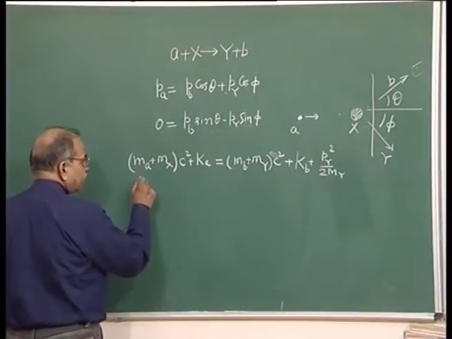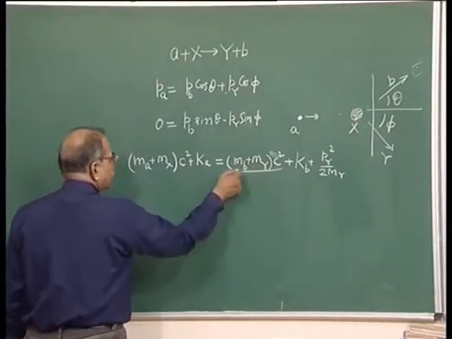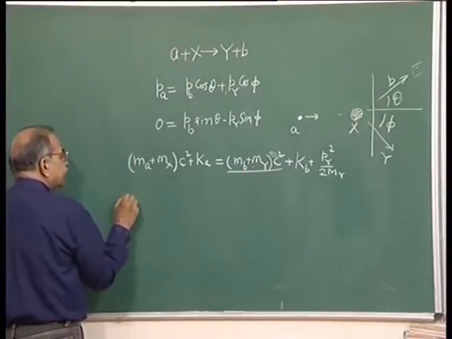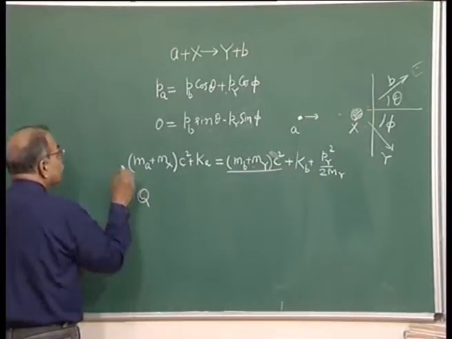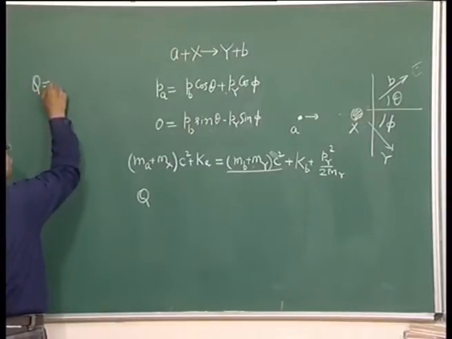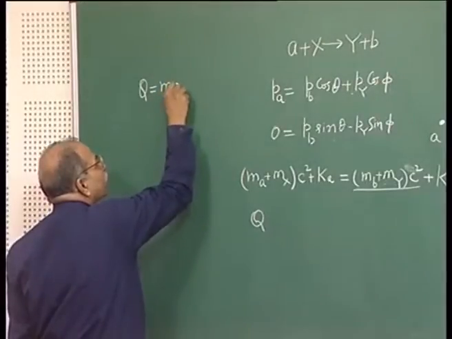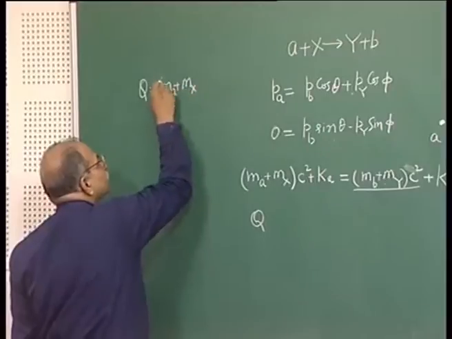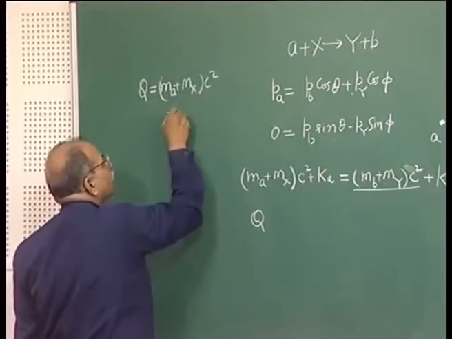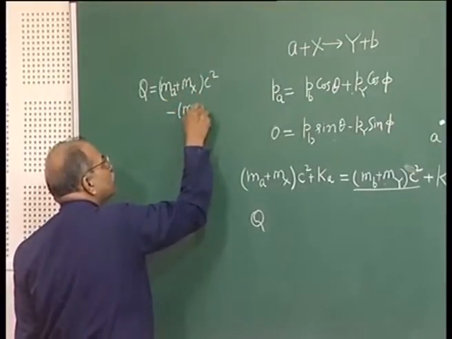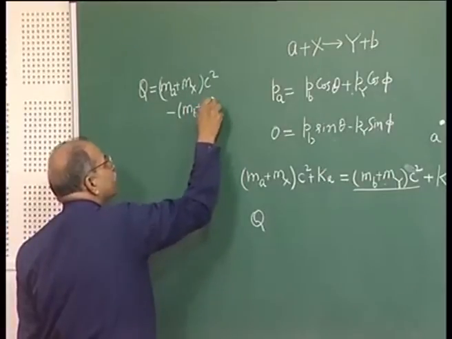So, I can take this to the left hand side and write that as Q. So, Q is as usual (ma plus mx) c square minus (mb plus my) c square.